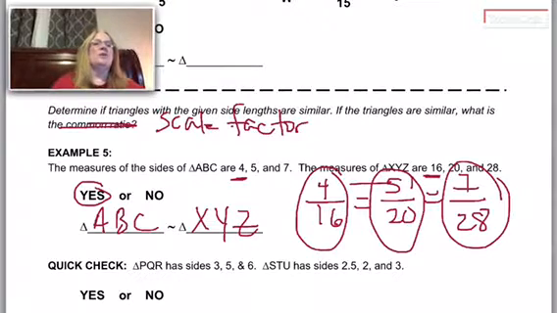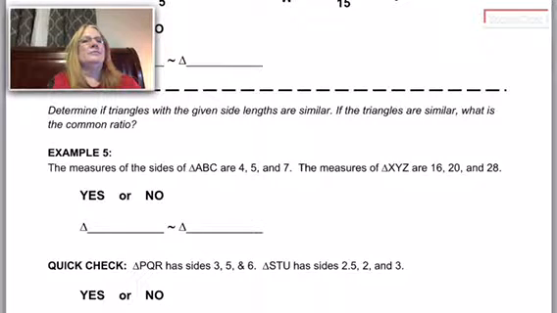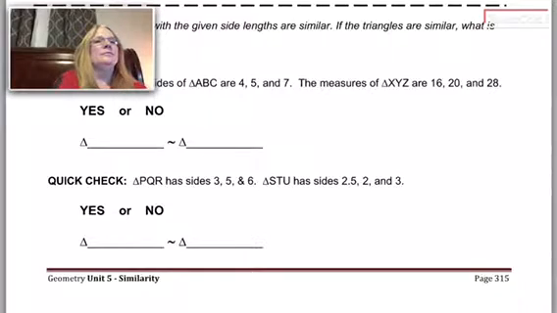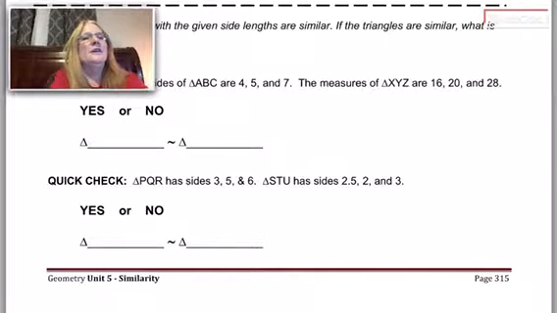Okay, please pause and see if you can do the quick check yourself. Okay, looking at this, the one thing I notice is that the first number I have over here is 3, and that's the smallest, but the smallest number over here is 2.